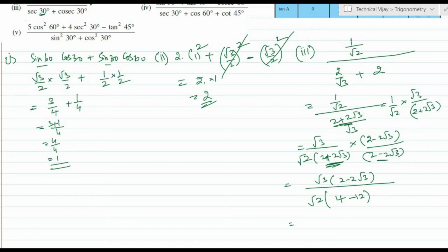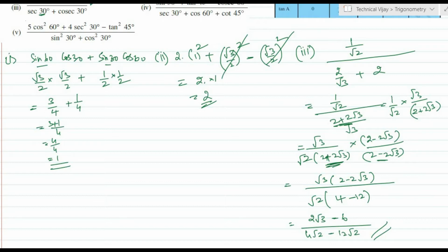So here root 3 into 2 minus 2 root 3, that is 2 root 3 minus 2 into root 3 into root 3, that is 2 into 3, that is 6, divided by 4 root 2 minus 12 root 2. So this is the answer. Further you cannot simplify this one.